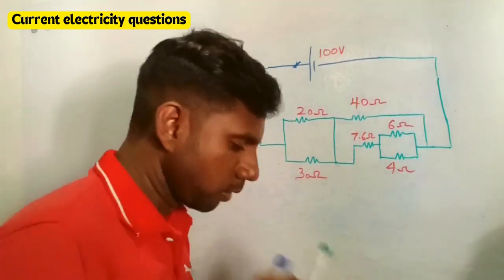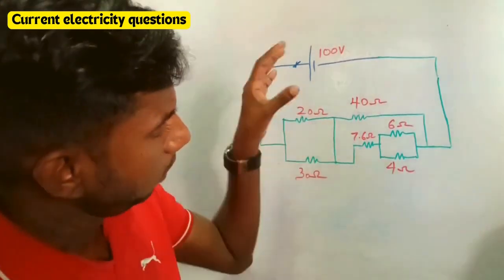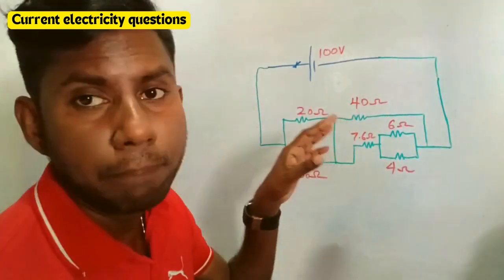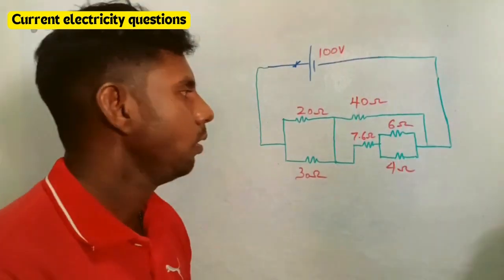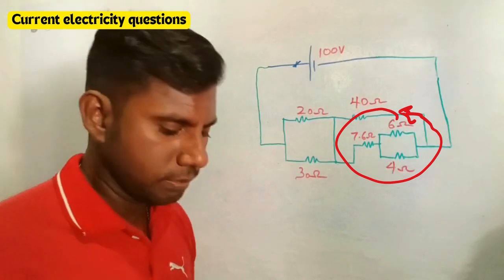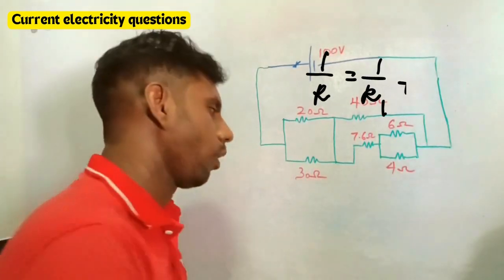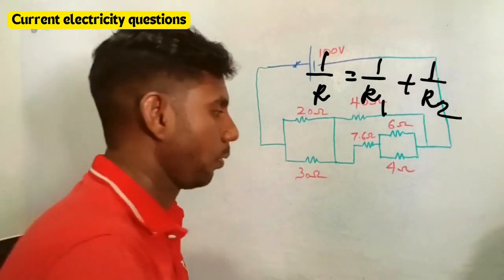The first thing I'm going to do is add the resistors that are parallel. 6 and 4 are parallel, so you can easily add them. You know the equation: 1 over R equals 1 over R1 plus 1 over R2.